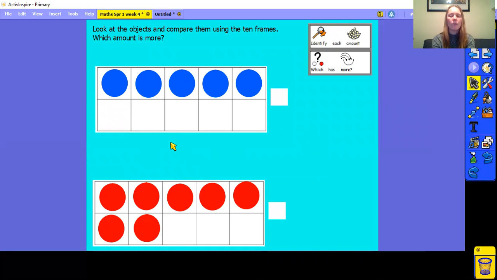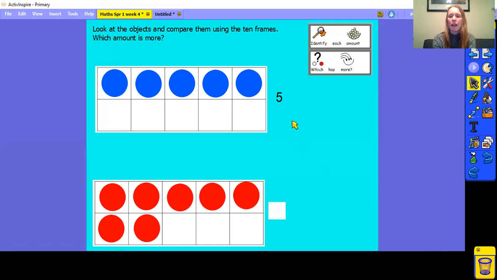Do I need to count them? No, the top row is full, and that means that I have 5. Let's just check to be sure. 1, 2, 3, 4, 5. There are 5 blue counters. Here's number 5 to help us to remember.